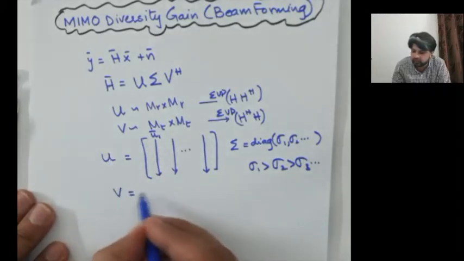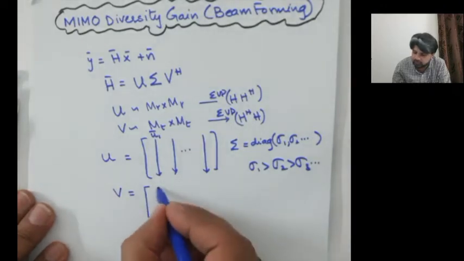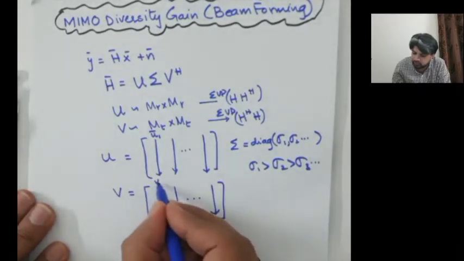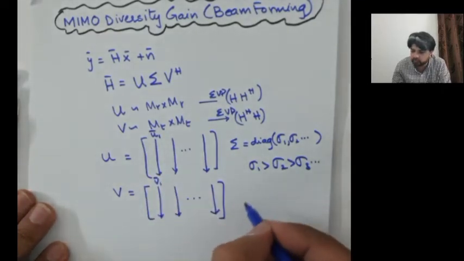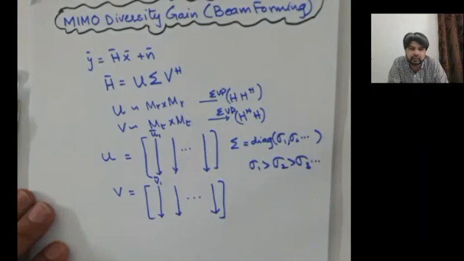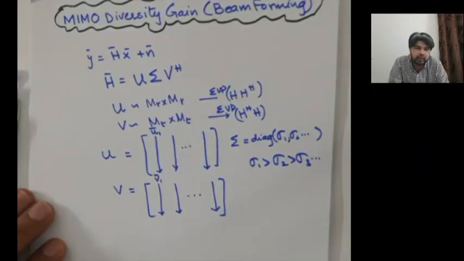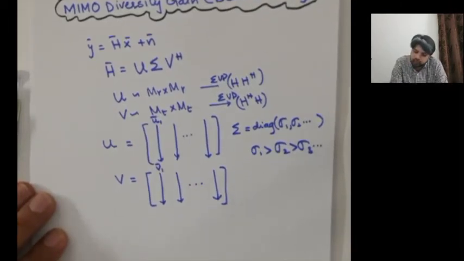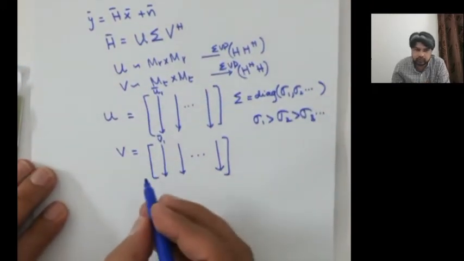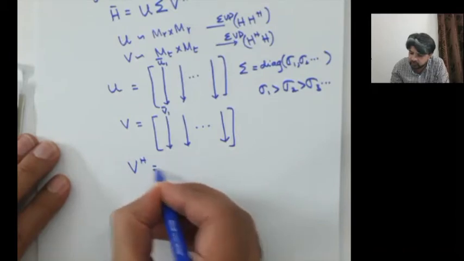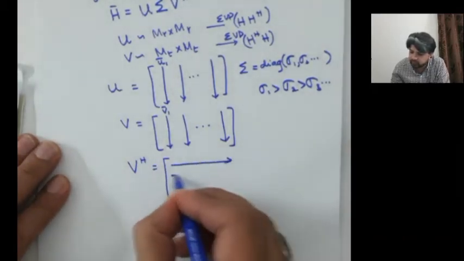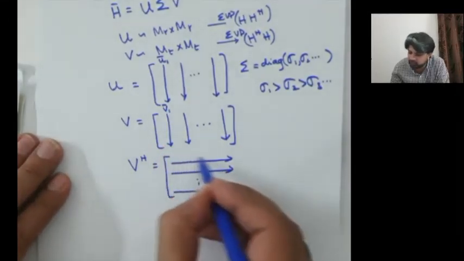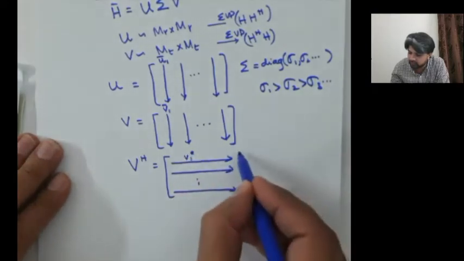Similarly, you would have the V matrix, which has these column vectors, and the first column vector V1 would correspond to the highest eigenvalue of H Hermitian H. So when we compute the V Hermitian, these columns would now be stacked in terms of rows, and the first eigenvector would now be this row, that would be V1 conjugate, like this.